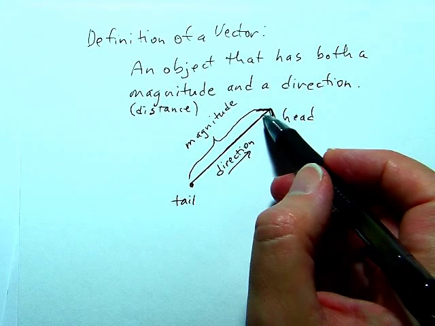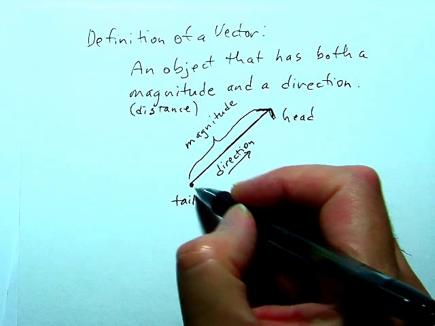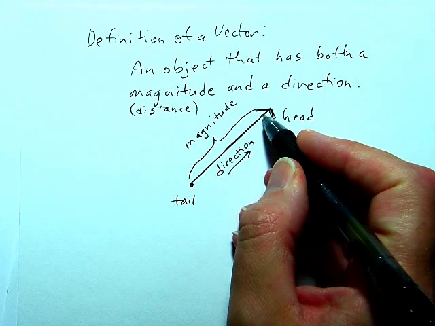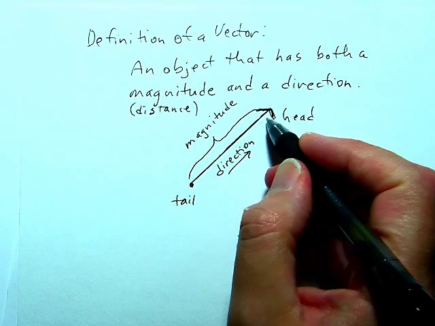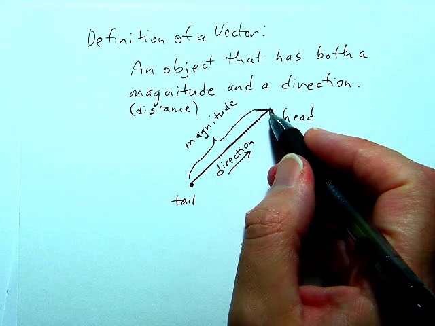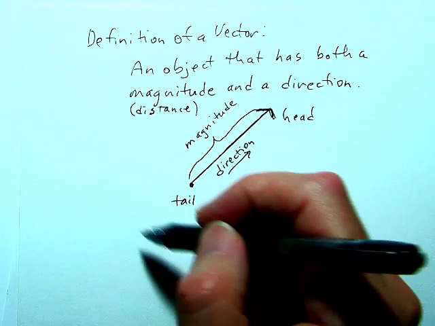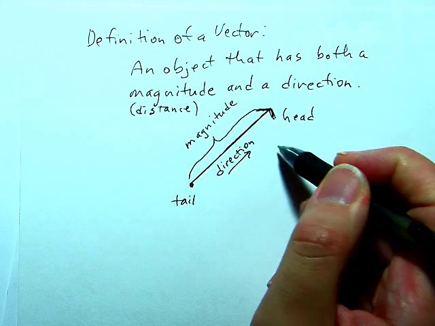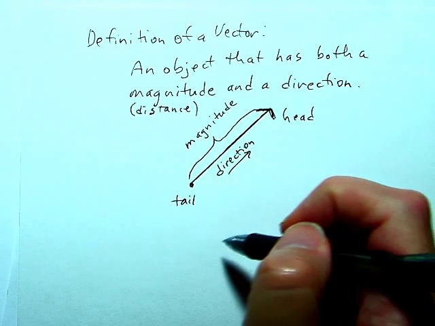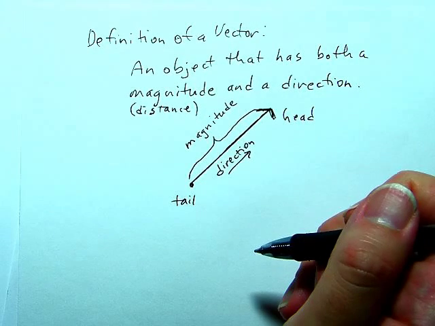And the direction of this arrow, this happens to be, I guess you could say, sort of northeast. It's sort of pointing upwards and to the right. That is the direction of this vector. But a vector can point in any direction. It can point to the left, it can point down, it can point to the right, or anywhere in between. Anywhere around the entire circle it can point.